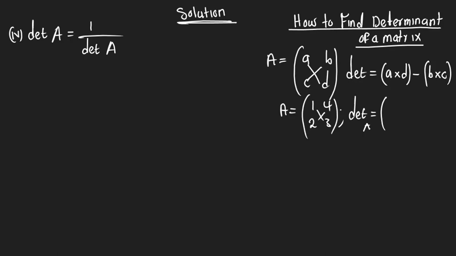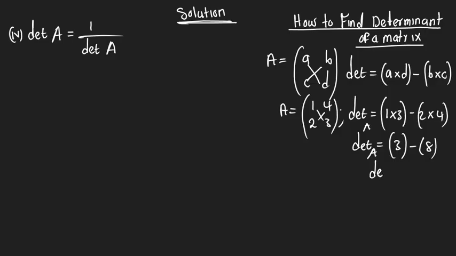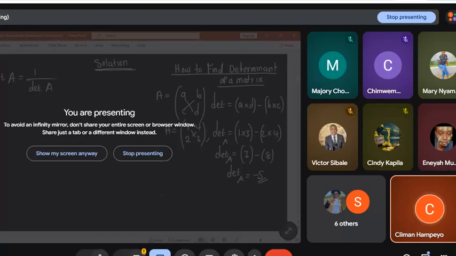So this is going to be 1 multiplied by 3 minus 2 multiplied by 4. So determinant of A is going to equal 3 minus 8, which is minus 5. That's it for a 2 by 2 matrix.